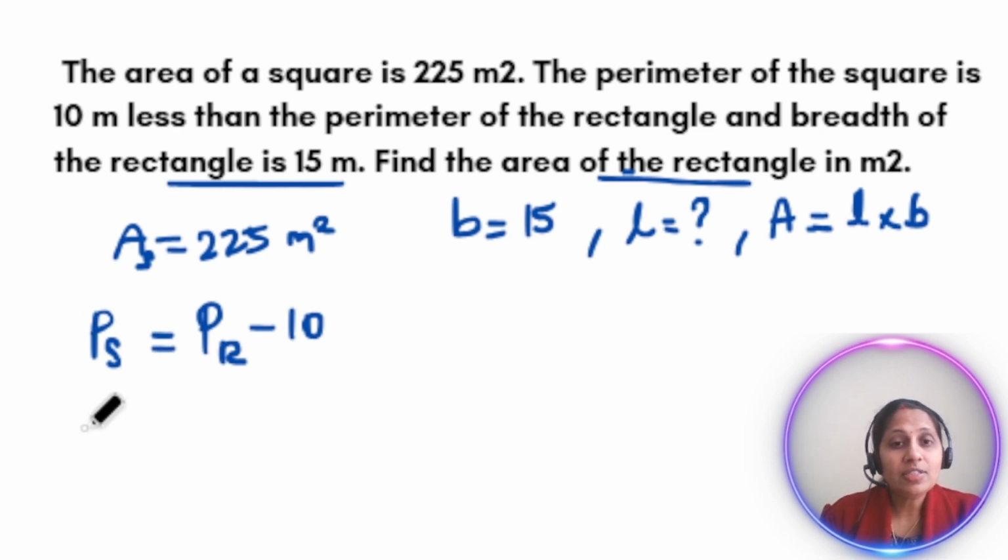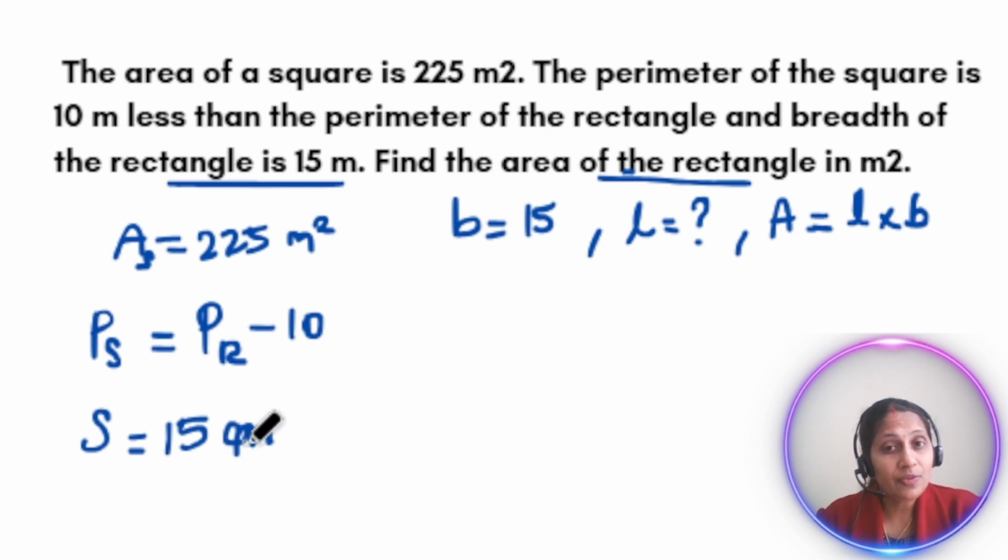If the area of the square is 225, what will be the side length? We all know side into side gives you the area. So what into what gives you 225? Simple, 15. So 15 meters.